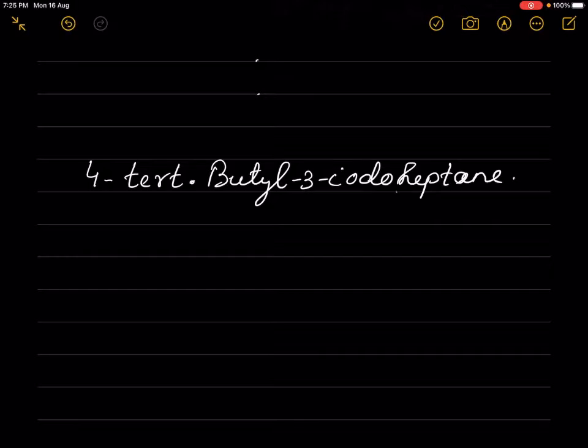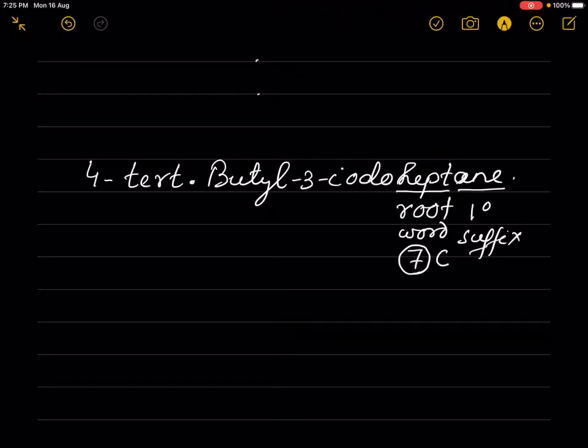You see, hept is the root word, means there are 7 carbon atoms in the parent carbon chain. Ane is the primary suffix, means you will find carbon-carbon single bonds.